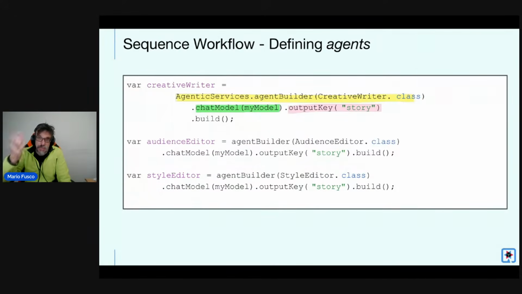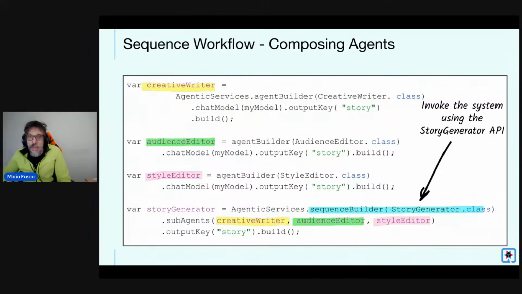So again, I have this creative writer, the audience editor, and style editor, and I give a name to the output that they produce. And then I have many builders for all the different kinds of patterns that I implemented. In this case, I'm creating a sequence of these three agents.